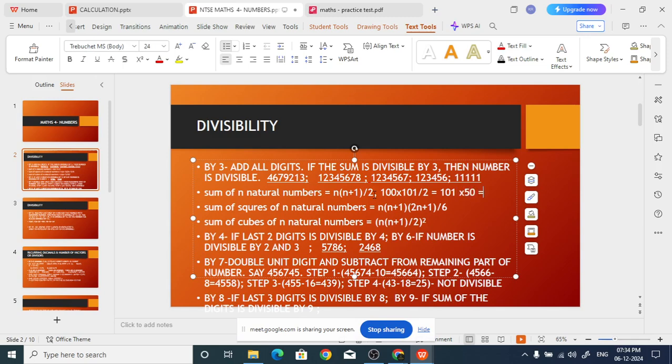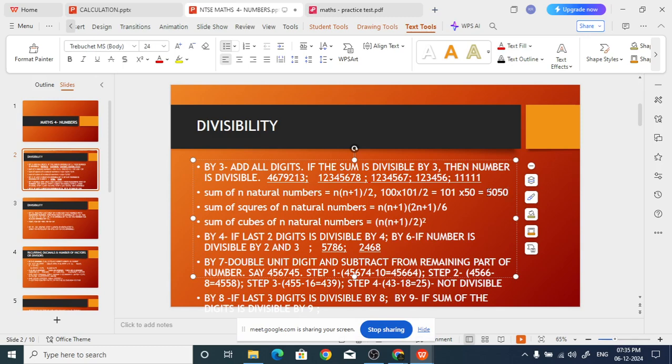How much are you getting? 5050, isn't it? Up to 100, the sum of n natural numbers is 100 into 101 by 2, which will be 5050. Is 5050 divisible by 3? No, sir. So that number is also not divisible by 3.